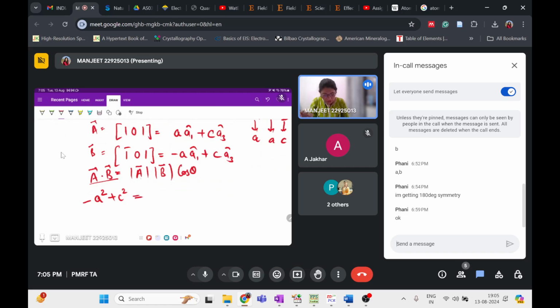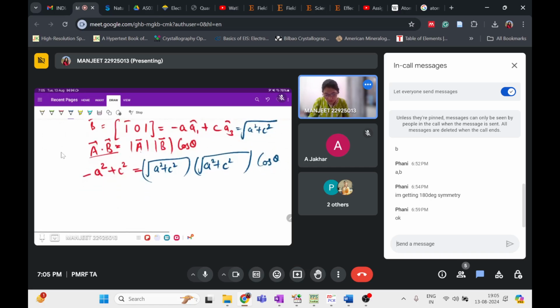Now the magnitude of this vector will be the square root of a square plus c square, and again the magnitude of b is also the square root of a square plus c square, and cos theta, the angle between them. The square roots will cancel out and this will become a square plus c square times cos theta.